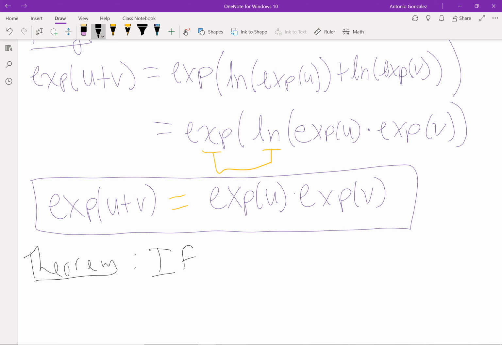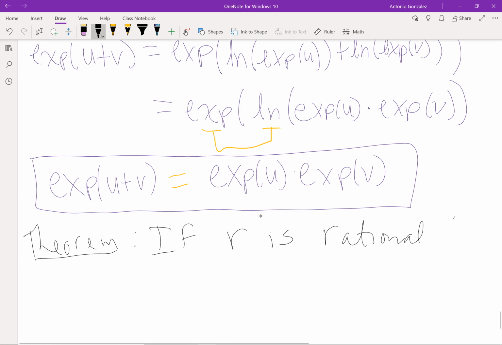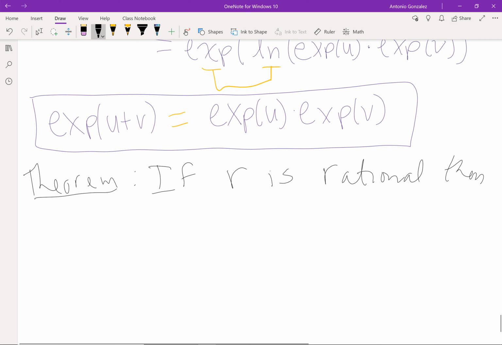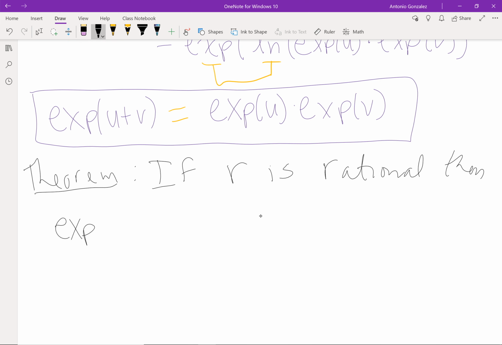If r is rational, then, when we raise it to r, it takes the exponential and changes it into a multiplication.